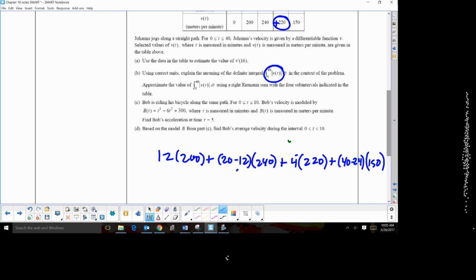Bob is riding his bicycle along the path from time 0 to 10, inclusively. Bob's velocity is modeled by that function, where t is measured in minutes and v of t is measured in meters per minute.